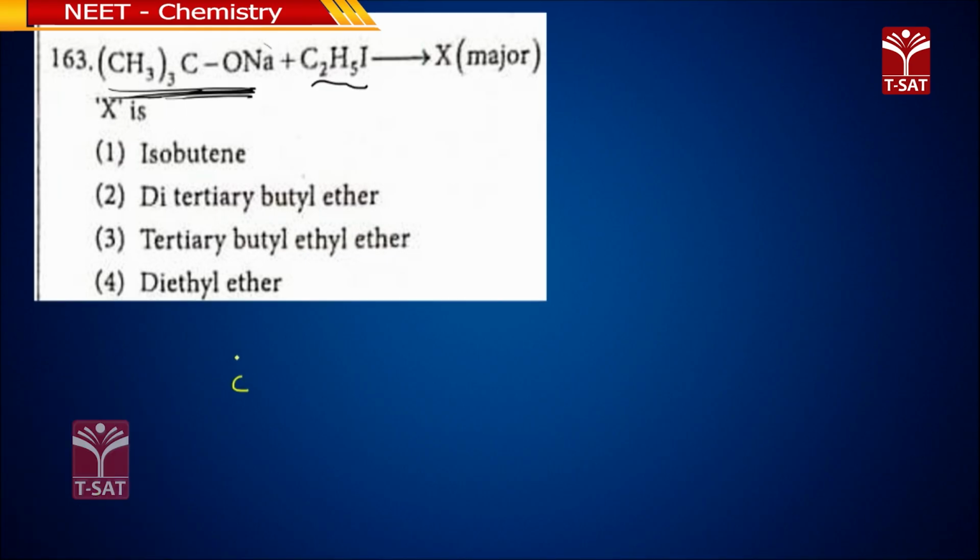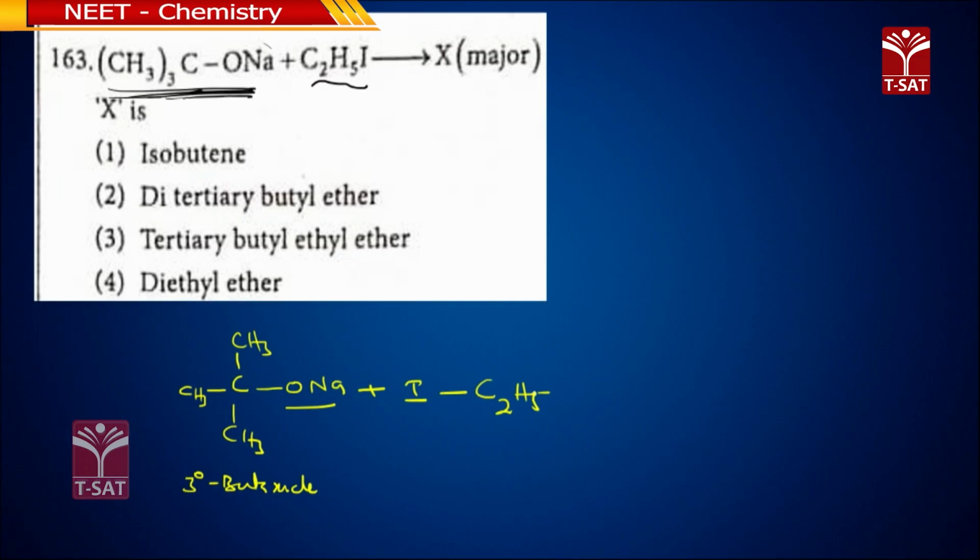I will be expanding this structure: CH3, CH3, CH3, O, sodium. This is sodium alkoxide, tertiary butoxide. This is known as tertiary butoxide. When it reacts with C2H5I, ethyl iodide, simply NaI will be removed from it.